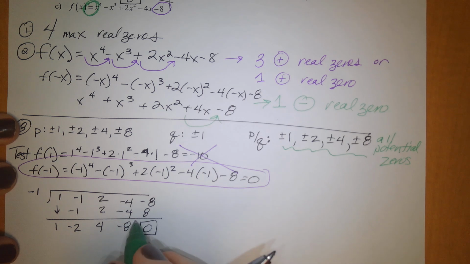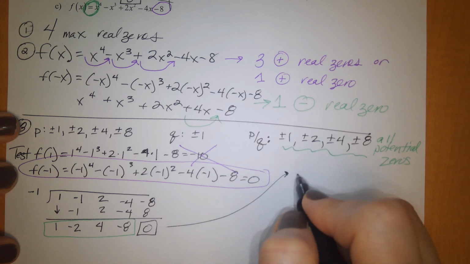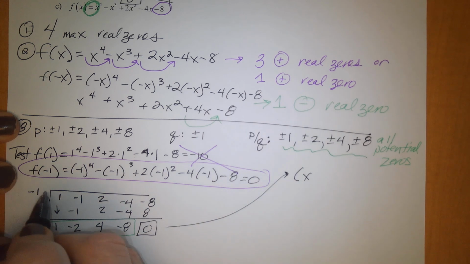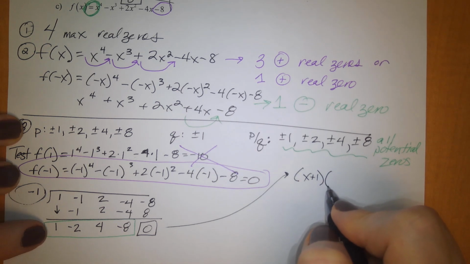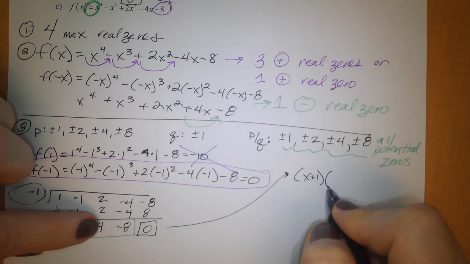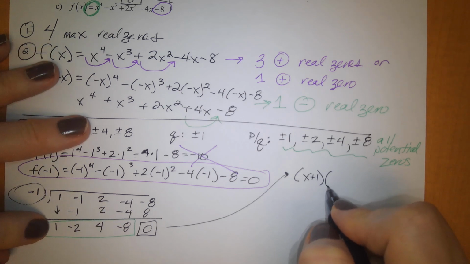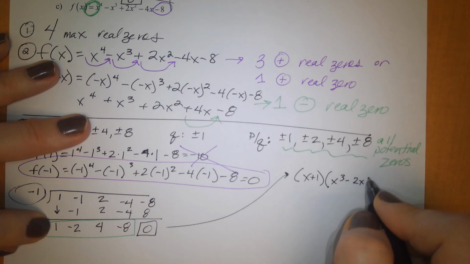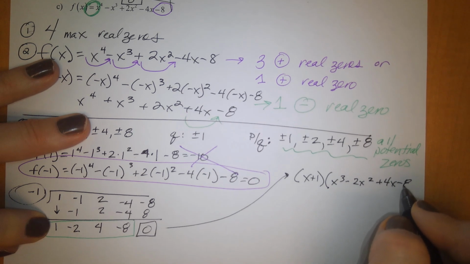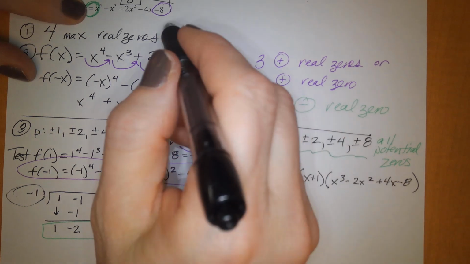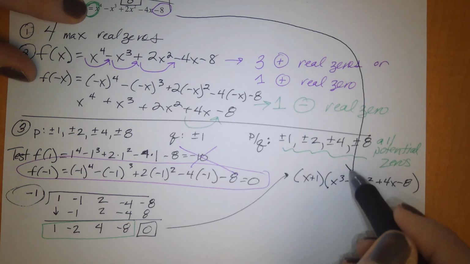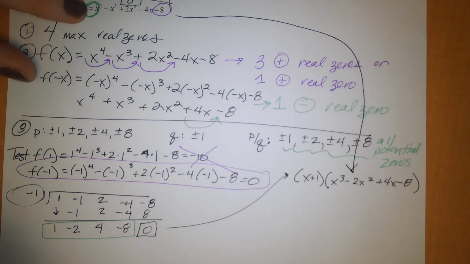So that means the factor of x plus 1 was a factor, and what would be left over starting from the end? This would be the constant, x to the first, x squared, x to the third. So I have now factored the original polynomial into this factored form right here, which clearly I am not done.